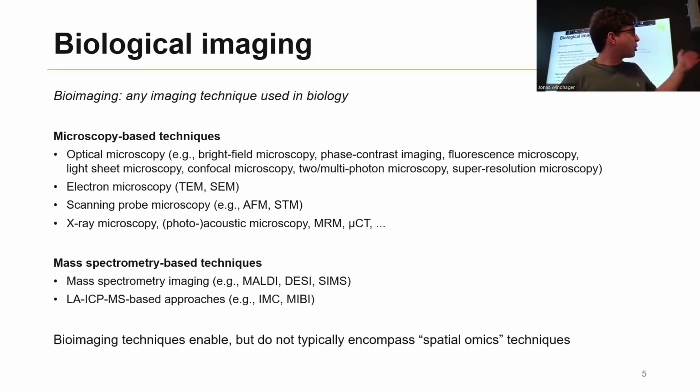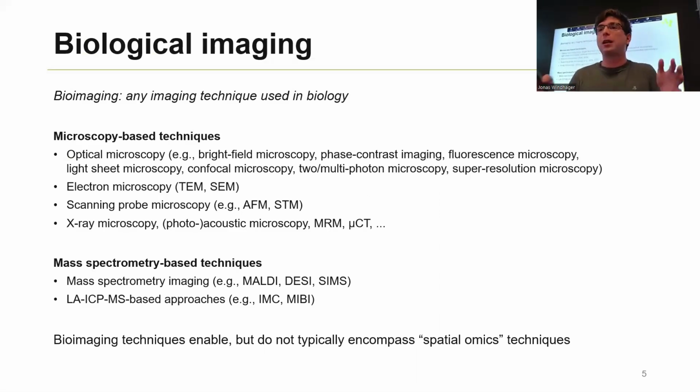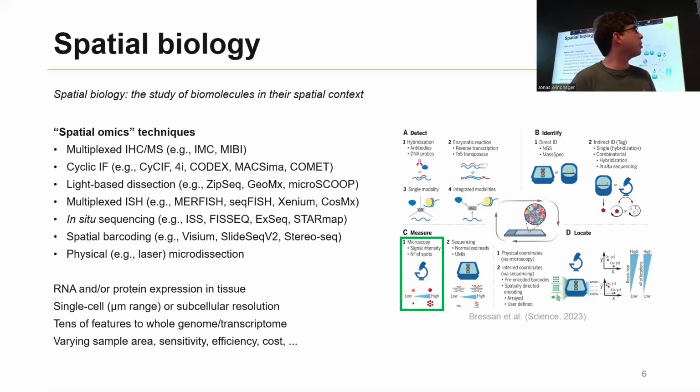What I also want to highlight is that these bioimaging techniques enable what we call spatial omics in parts, but when you talk about bioimaging, you usually don't include spatial omics as part of bioimaging. Bioimaging is a technique, and that is only part of spatial omics. When I talk about spatial omics, or spatial biology, at its closest form it's the study of biomolecules in any spatial context.